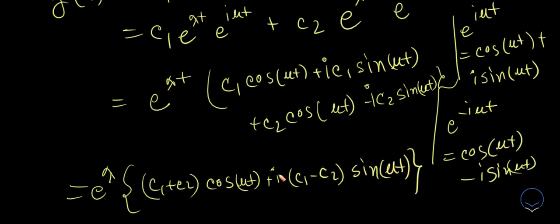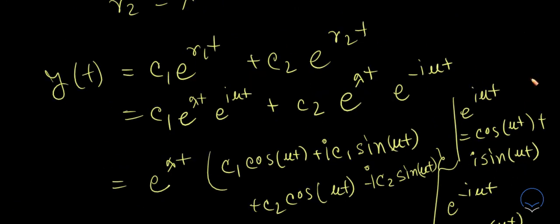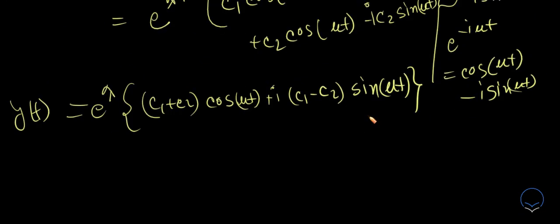So this is the most general kind of solution that you can have, but you could also write it like this, that is, you keep these imaginary parts over here. There is no harm in doing that.